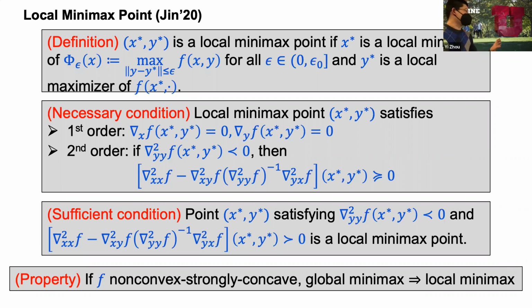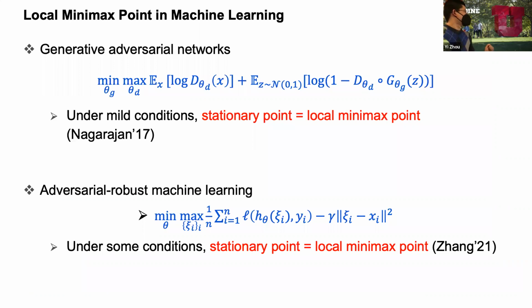So here is a little bit counterintuitive, and for many machine learning problems like the GANs and adversarial training problems, some papers show that under some conditions, their stationary points correspond to local minimax points.